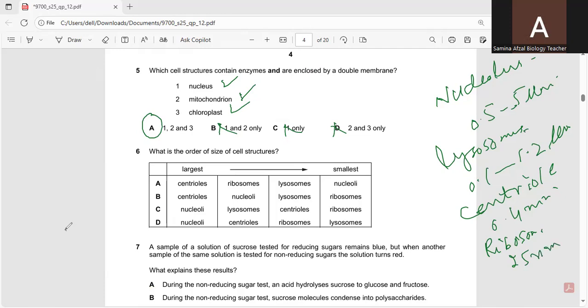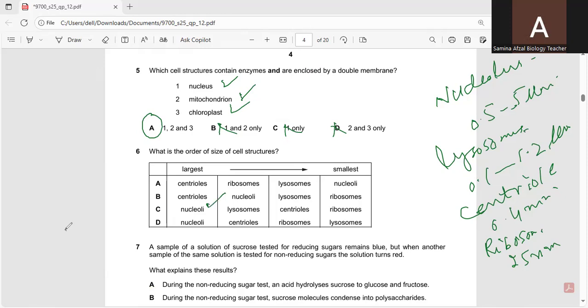So according to this arrangement, their size can vary, so they can be between these. If we compare all of these, nuclei is the largest, and from nuclei, the lysosomes are at second place.